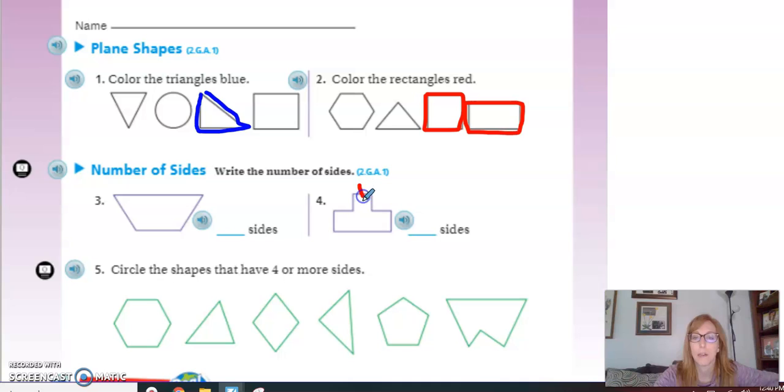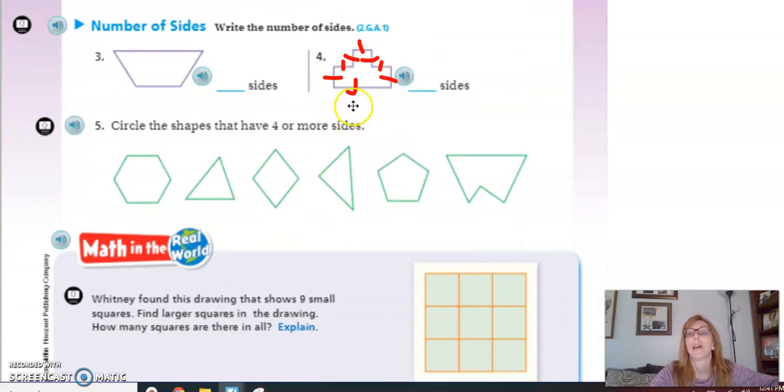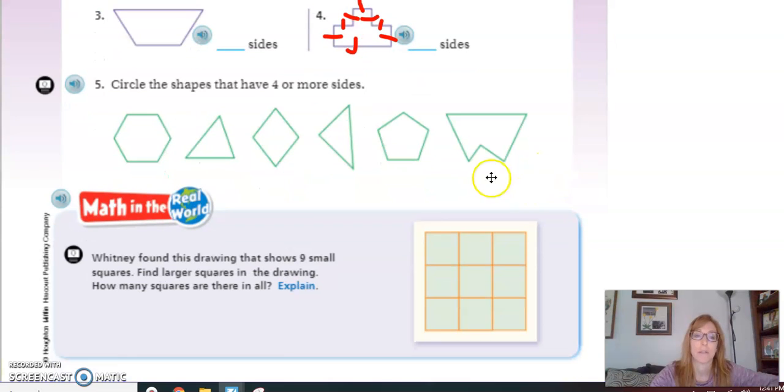So you do 1, 2, 3, 4, 5, 6, 7, and 8. So you would write 8 sides. Just remember to mark them off because some of these shapes are going to have a lot of sides and you don't want to accidentally forget to count one of the sides. And hopefully you know an 8-sided shape is an octagon.